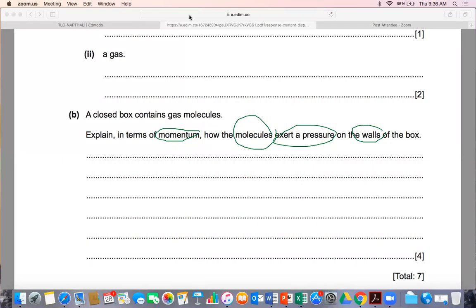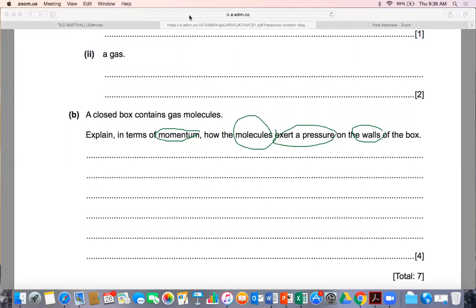Like he said just now, it gains energy. It keeps hitting the wall, bounces back, hits, bounces back. So when they collide with the walls, there is a change in momentum because the speed changes.